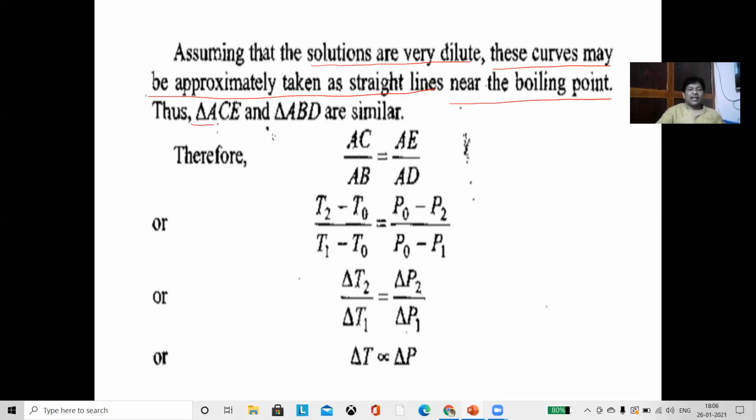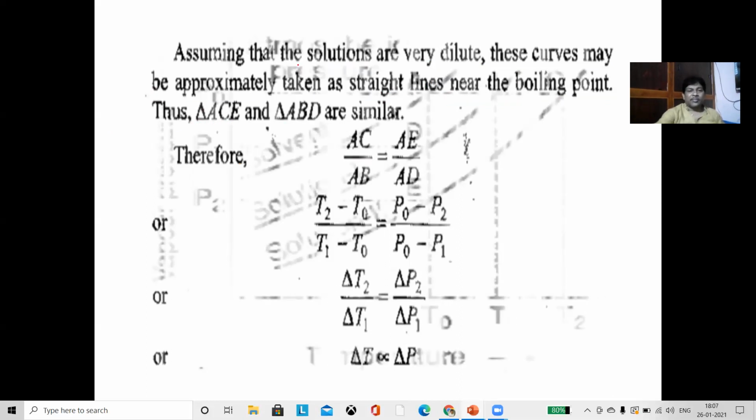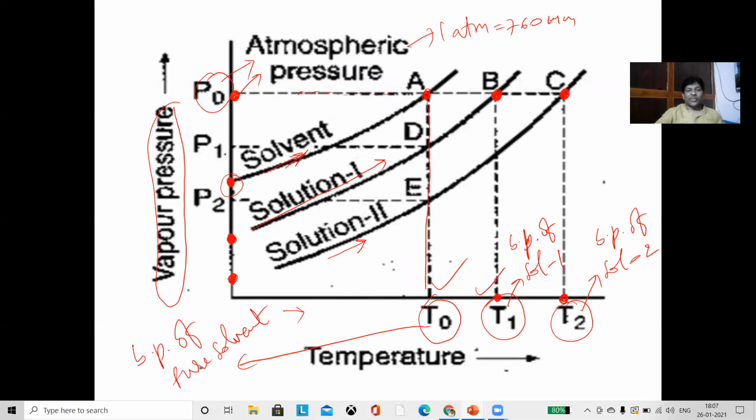Thus, triangle ACE and triangle ABD, imagine these as two triangles.